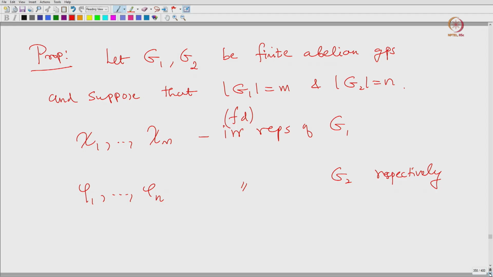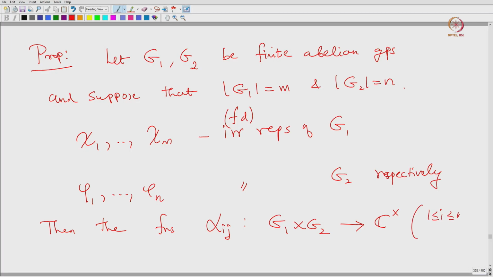The functions alpha ij are defined to be functions from G1 cross G2 to C cross, for all i between 1 and m and all j between 1 and n.